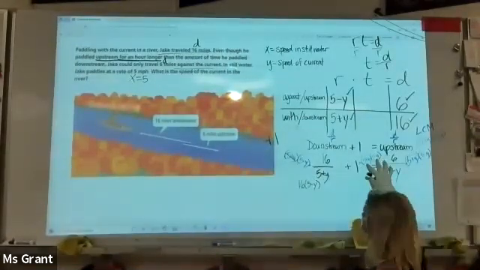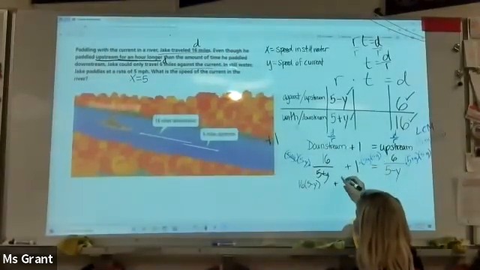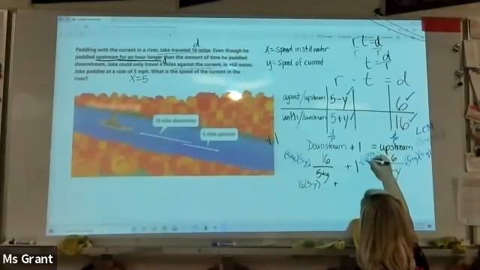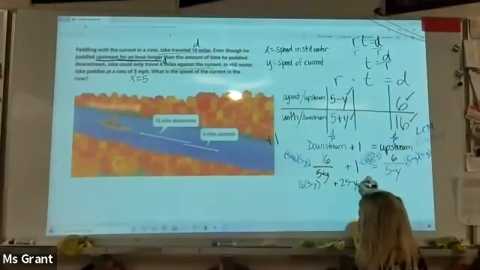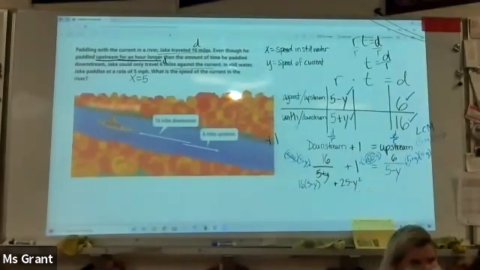This one, 5 plus y, 5 minus y. Hey, I know that. That's a difference of 2 squares. 25 minus y squared, is it not? Difference of 2 squares? If you see a shortcut, use it.